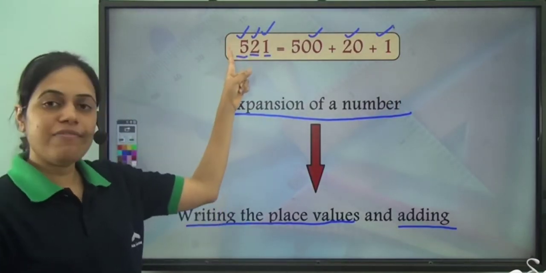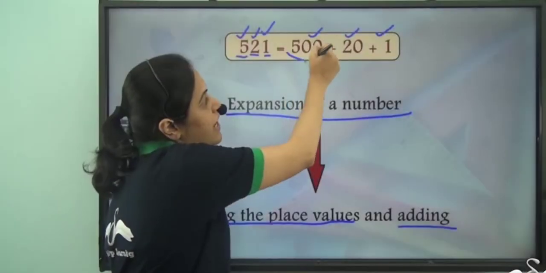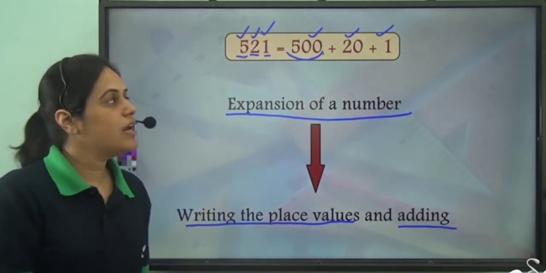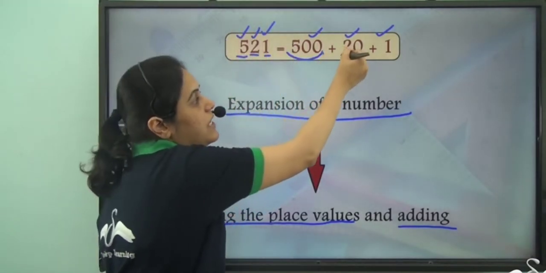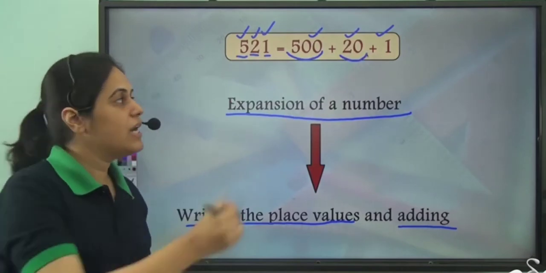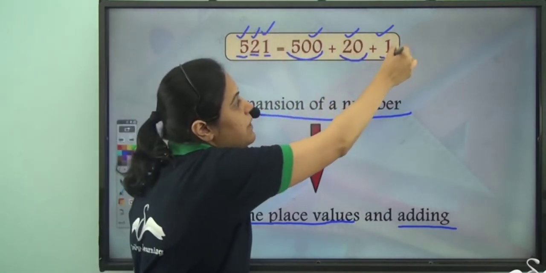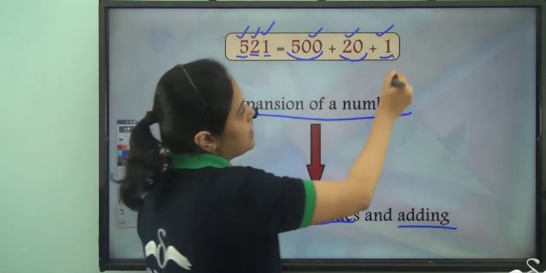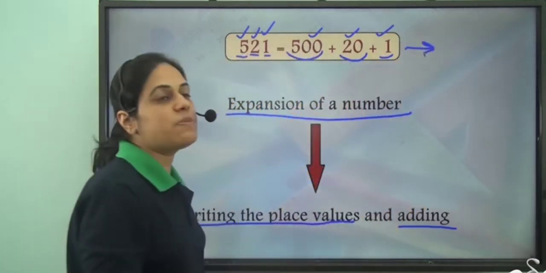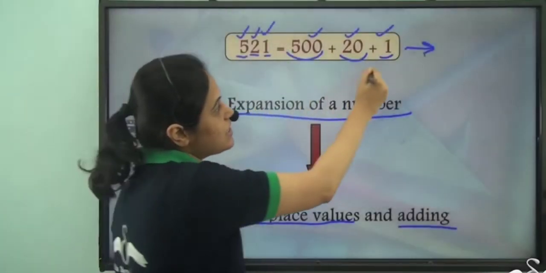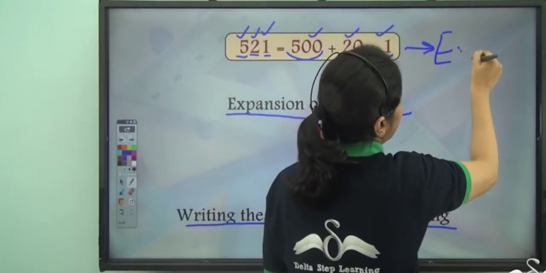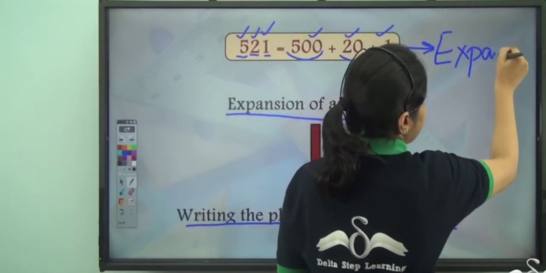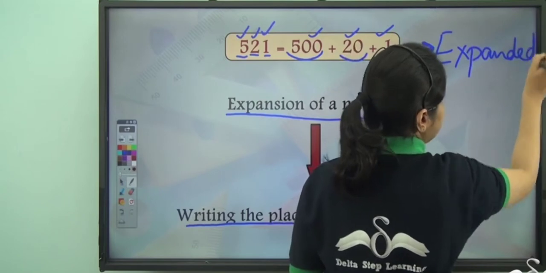So I take 5, write the place value of 5, which is 500. I take 2, write the place value of 2, which is 20. I take 1, write the place value of 1, which is 1, and add them. And this is called the expansion of the number. And this is the expanded form of the number.